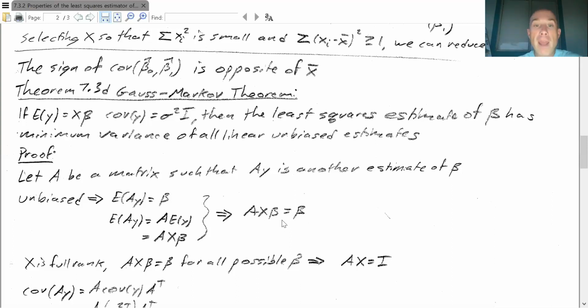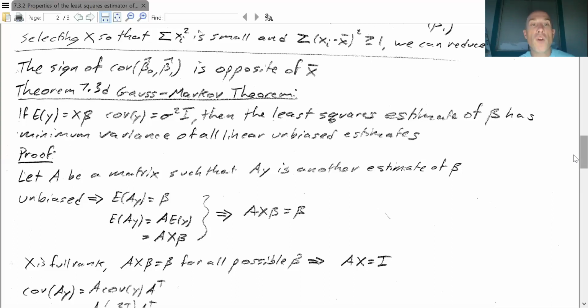Since it works for all betas, and since X is full rank, the only way for this to work out is that A times X is equal to the identity matrix. Let's keep on rolling. This is what we get from using expected value. This part of the assumptions, unbiasedness, gets us this much.